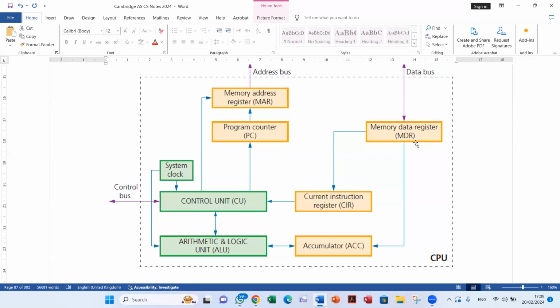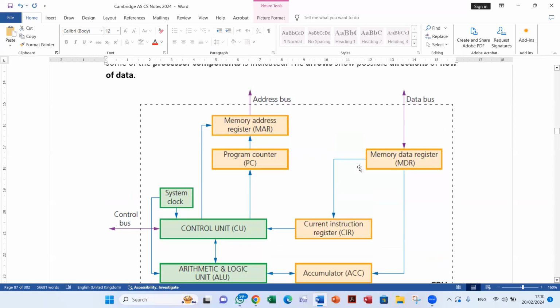The arithmetic and logic unit, ALU, is there to calculate and compute everything. All arithmetic operations are done in the arithmetic unit, and all logic operations are done in the logic unit. Okay?